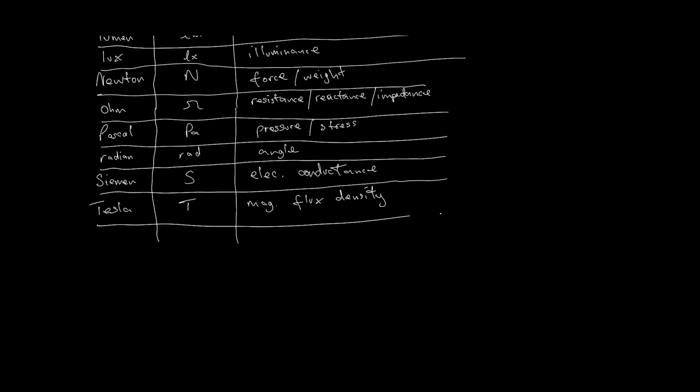Okay. 3 more. Volt. You've all heard of volts, of course. Just extend this table a little bit. Capital V for volts. It's just voltage. So the voltage across a battery, the voltage coming from the main supply to your house, etc.